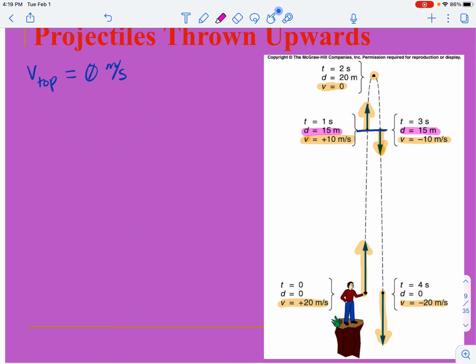When my object returns to the boy's hand, we are now at the same vertical position from the boy's hand. We see that these velocities are once again the same magnitude, but one is positive when it's on the way upward and one is negative when it's on the way downward. And then notice here that my displacement is a value of 0. Remember, in our kinematics equations, this D stands for displacement, which is the change in position where we're comparing the initial and the final position.